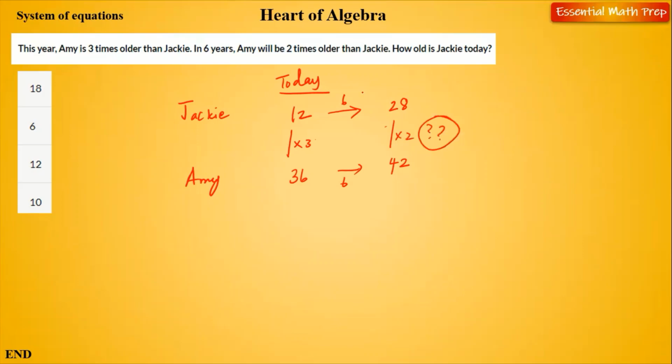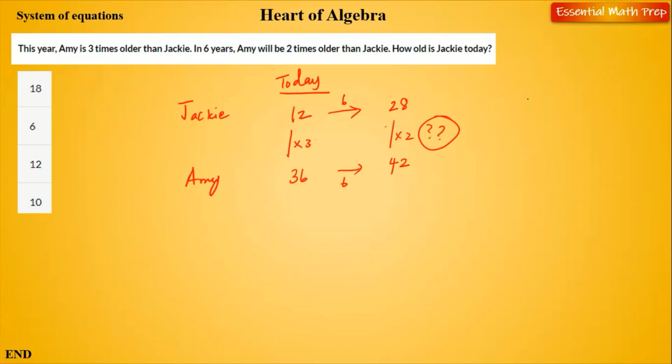So if Jackie had been 12 in the current year, this is not working, right? In 6 years, the calculation has to match. It's not matching. So let's take half of 12.